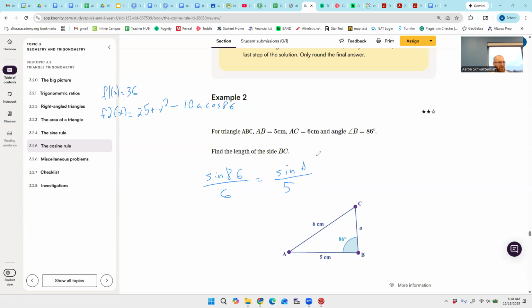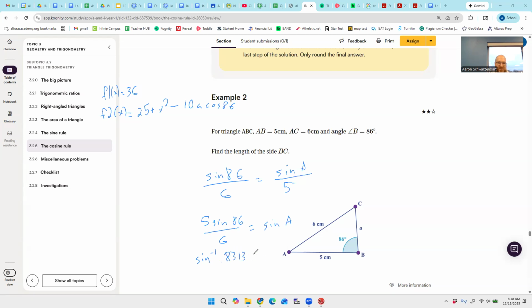Can I borrow your calculator? Or could you do this calculation? 5 sine 86 over 6. In degrees, it's 0.8313.